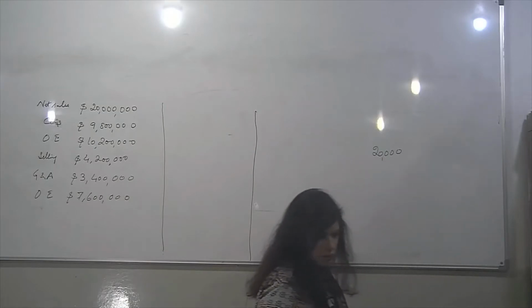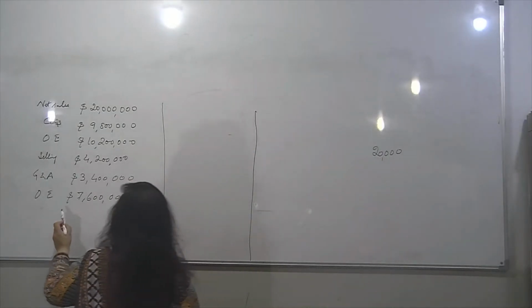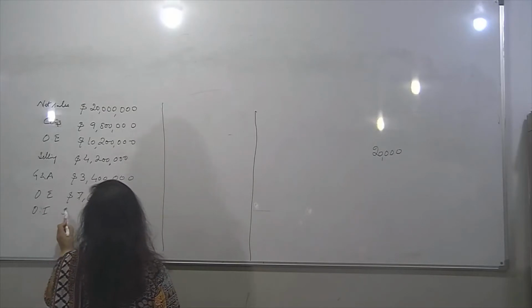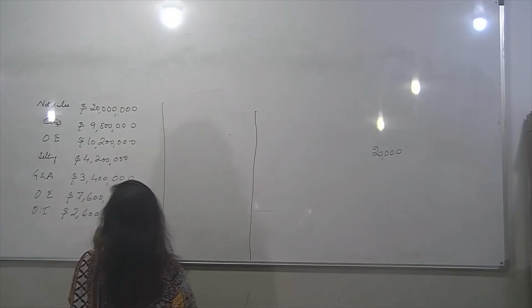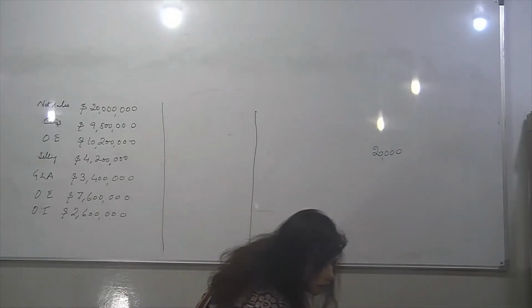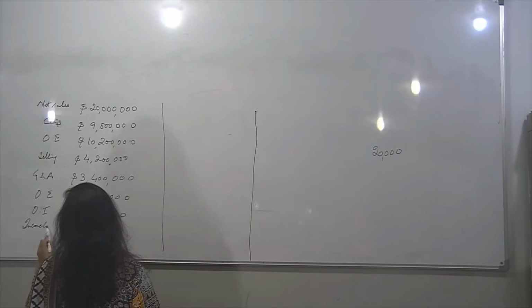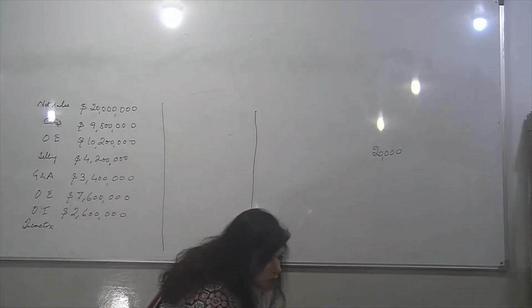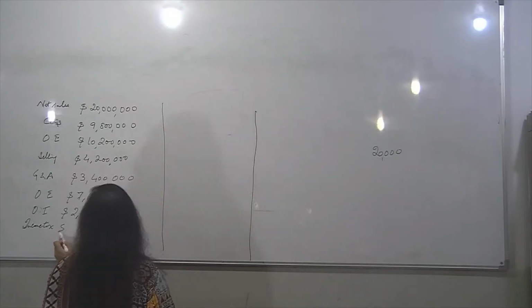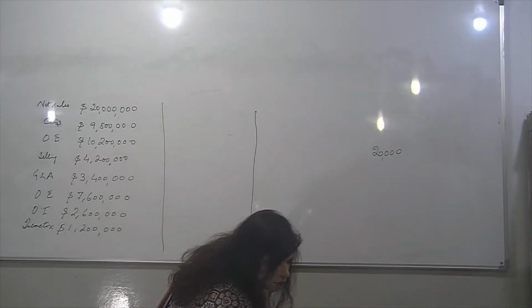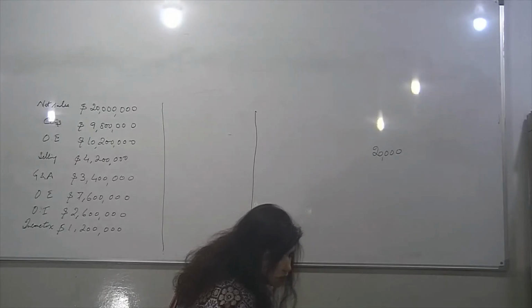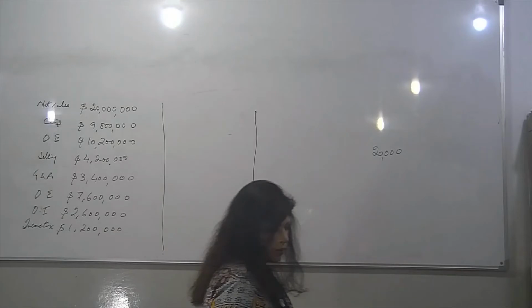And operating income as 2.6 million. Then we have income tax expense as 1.2 million. I'm going to be writing this all so that it's more clear to you. So we have 1.2 million. Okay, so now we have net income as 1.4.